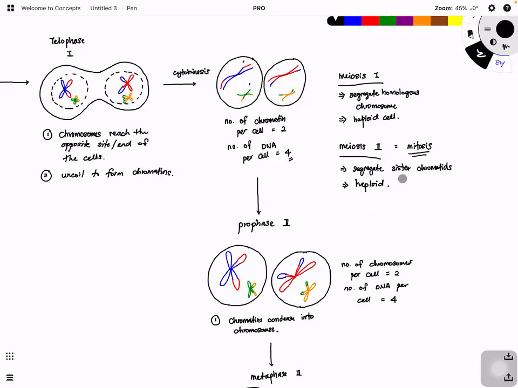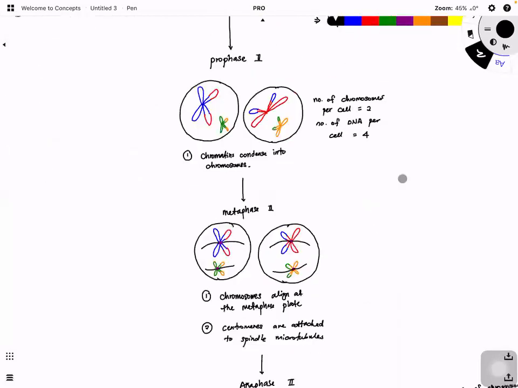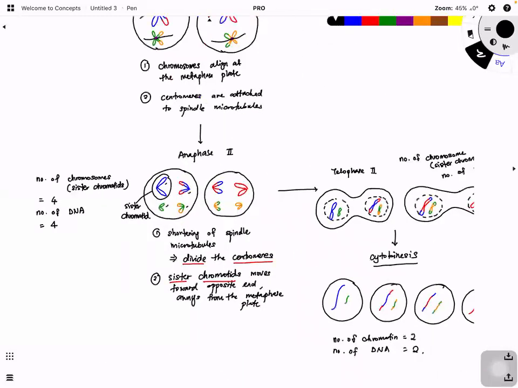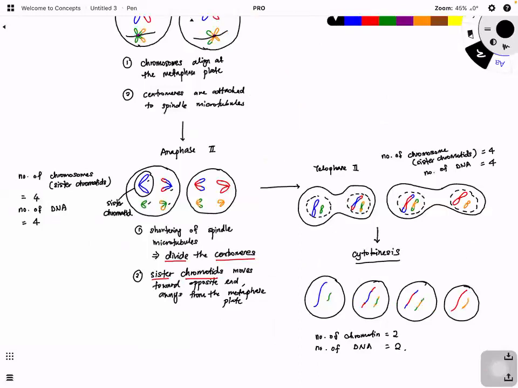So that's why we continue with prophase 2. Always remember, meiosis 2 is similar to mitosis. At the end of the process, we're going to get 4 different types or combinations of cells which are genetically non-identical.